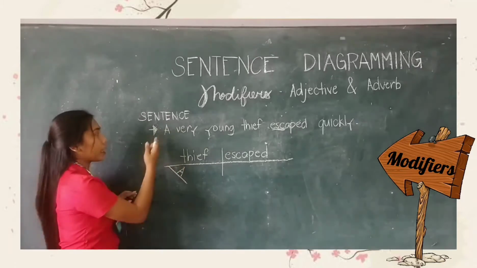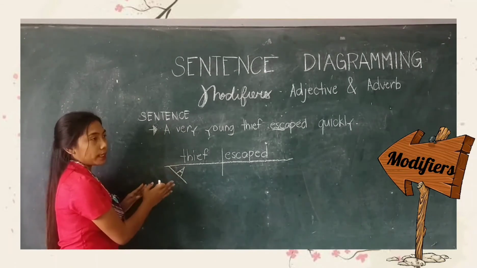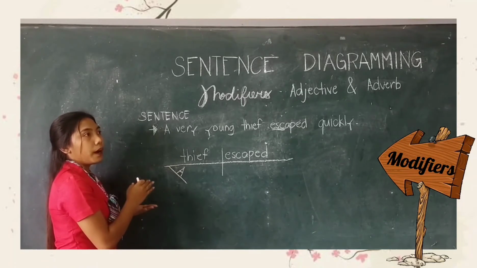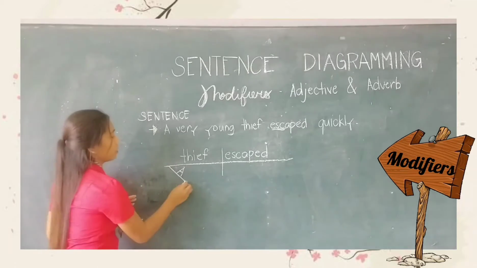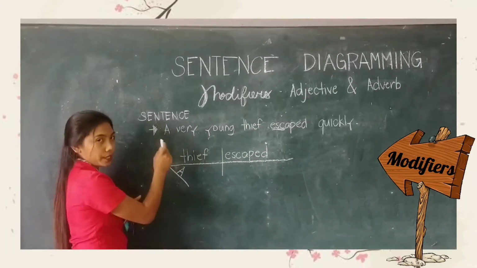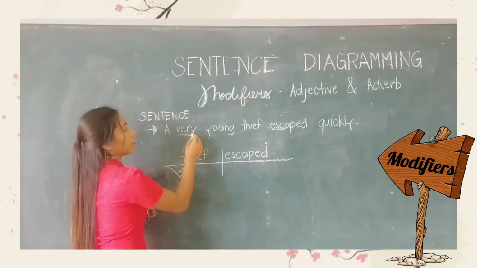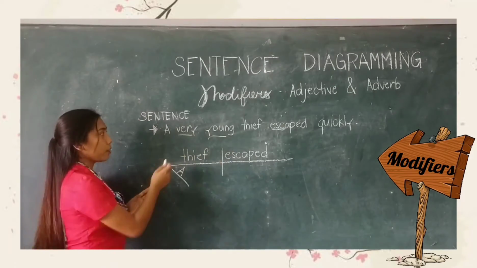And we have to keep it a capital letter because it is the start of the sentence, for our readers to not be confused on how to read the sentence. So we have here other words, which are very and young.